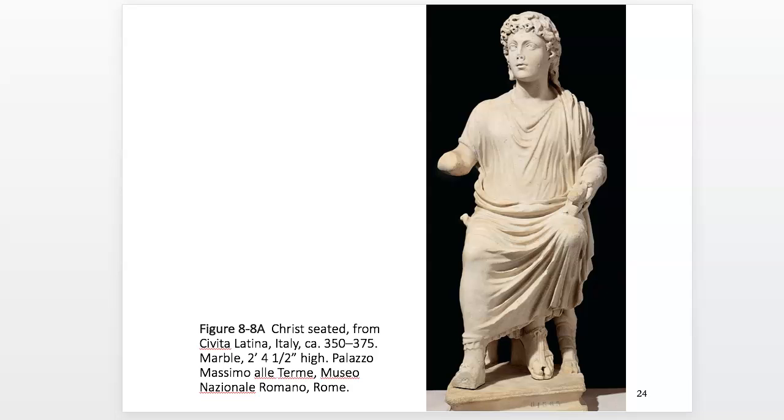Some of the teachings of Jesus that are really famous are the Sermon on the Mount, also called the Beatitudes. Blessed are the peacemakers, for they shall inherit the earth. A number of blessed statements are part of the beginning of that. He also taught that God's a loving Father. His basic idea about moral right action was the golden rule: do unto others as you would have them do unto you.